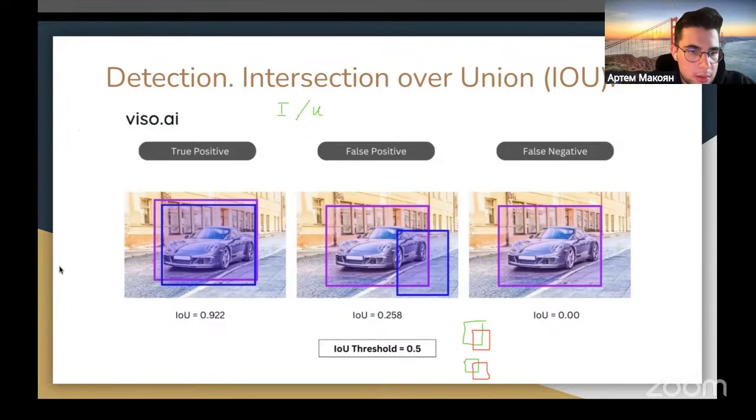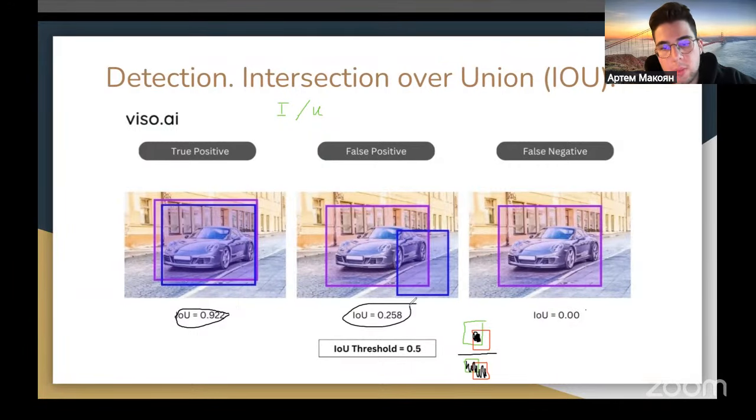Here we take the intersection, here we take the union. If the boxes are close, you can see that the intersection over union is big. If not, then it is small. Any questions?